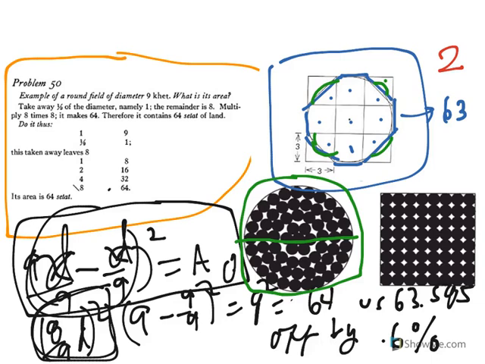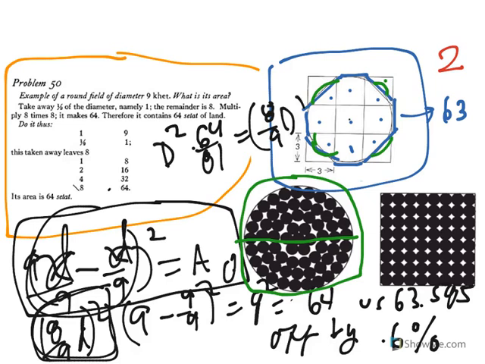To make a diameter of 9 have an area of 64, you'd have to do diameter squared, which would be 81, but I want it to be 64, so it's times 64 over 81. In other words, 8 over 9. That's equivalent to 8 over 9 d squared, which is the same thing as d minus d over 9 squared. That's the formula that they use, d minus d over 9 squared.